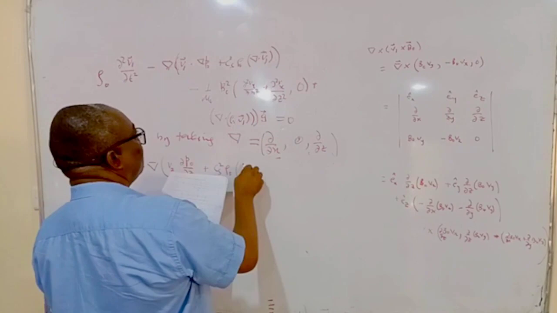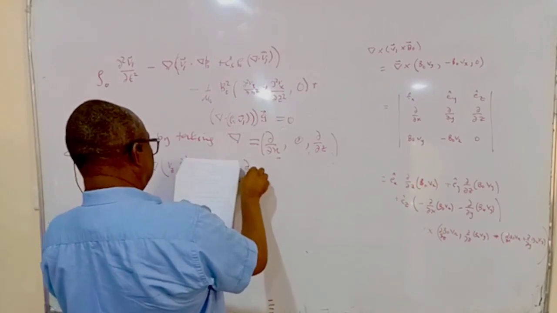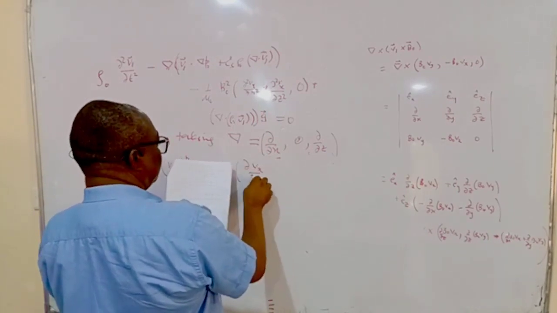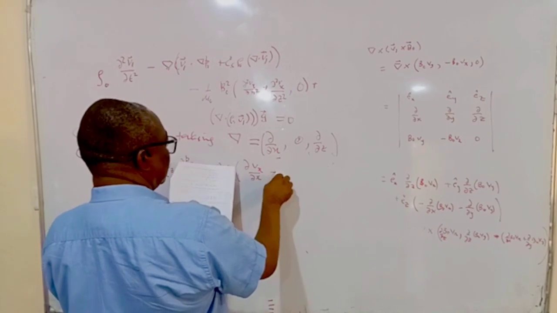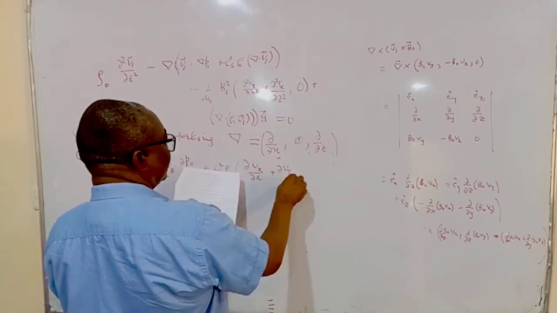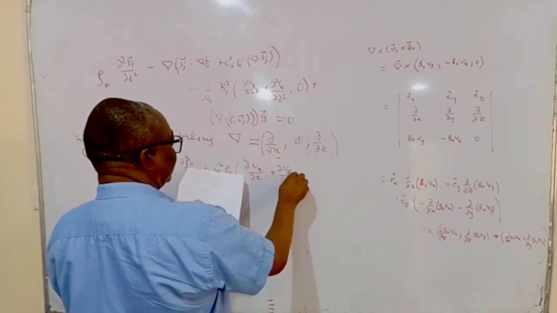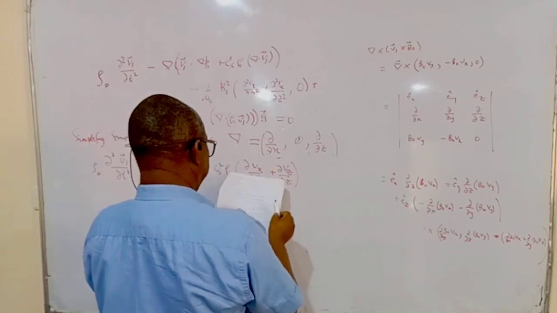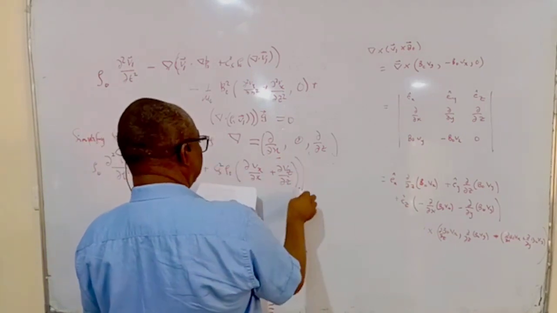I will have partial Vx by partial x plus partial Vz by partial z. That will remain, and I will close this.